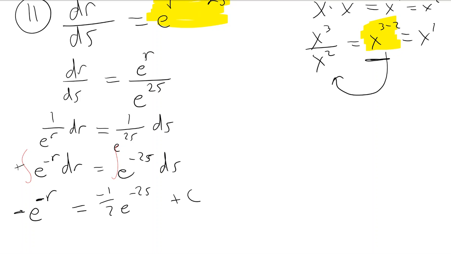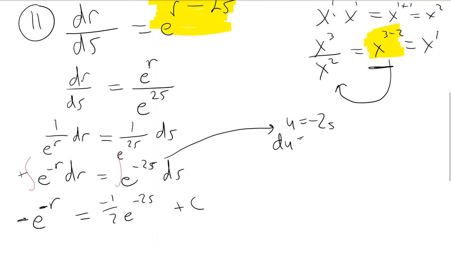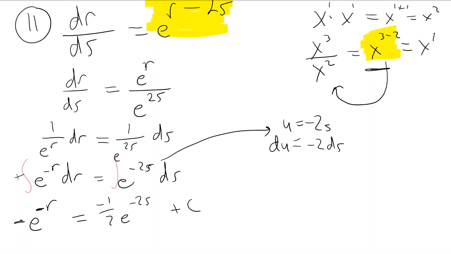But if you have a hard time undoing that one step of u substitution in your head, then just sidebar over here, pick out your u, find your du, compare what you have to what you want, and then you can rewrite the question as e to the u times negative 1/2 du, and the derivative of e to the u is e to the u.